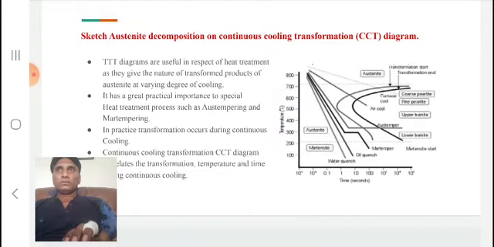In continuous cooling curve, the same TTT diagrams are used, but the cooling pattern is different. Only the cooling pattern is different. Other than that, everything is the same.